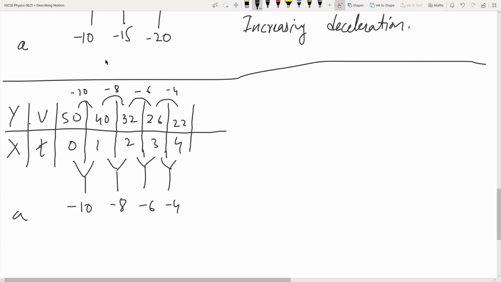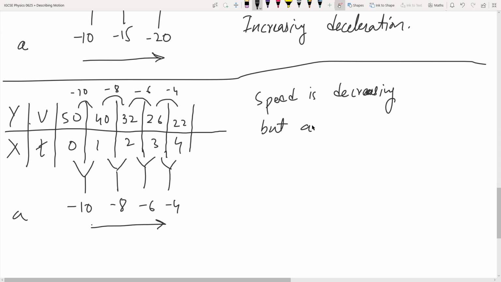Now as you can see, over here the acceleration had an increasing trend, and over here along the way, while speed is decreasing, but acceleration, or let's call it deceleration for this case, because I'm not going to say negative acceleration, deceleration has a decreasing trend, right?